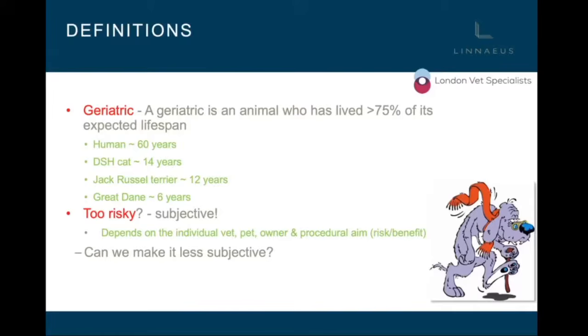For example, for a cat, 75% of its lifespan might be 14 years, whereas a very large dog, such as a Great Dane, may already be considered geriatric at 6 years of age. So there's quite a variation in what is a geriatric, even within single species, when we talk about veterinary anaesthesia.